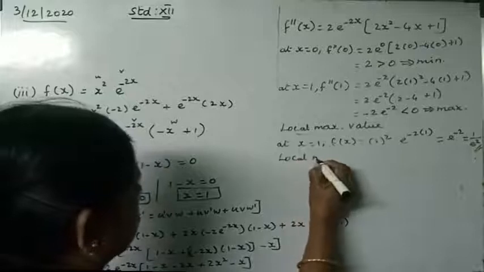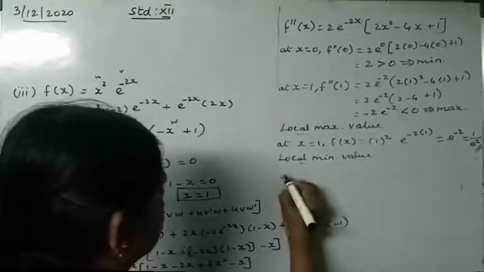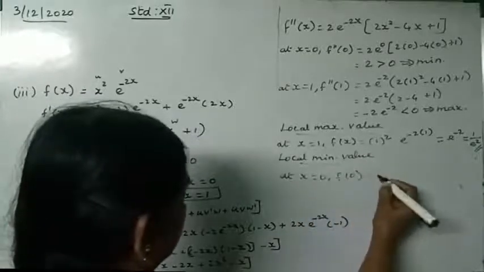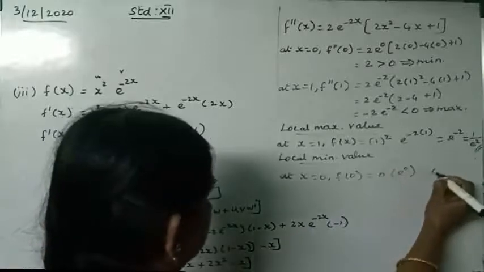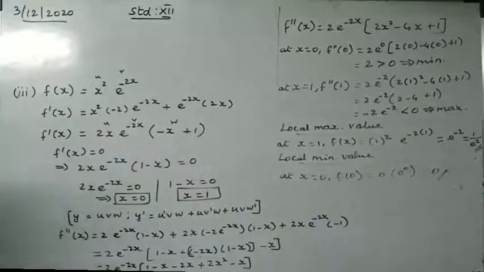Now the local minimum value at x is equal to 0. Therefore f of 0 is equal to 0 into e power 0, which is equal to 0, the local minimum value. Now let us go to the next question.